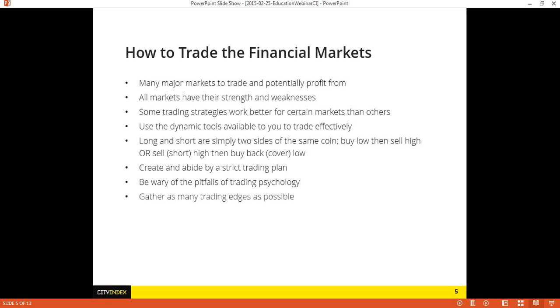What we always want to do is gather as many trading edges as possible. For those of you who have heard me speak before, you'll know I talk a lot about confluence. Confluence is simply a trading edge. Basically, if you have confluence, you have different analytical factors that are all pointing in the same direction.